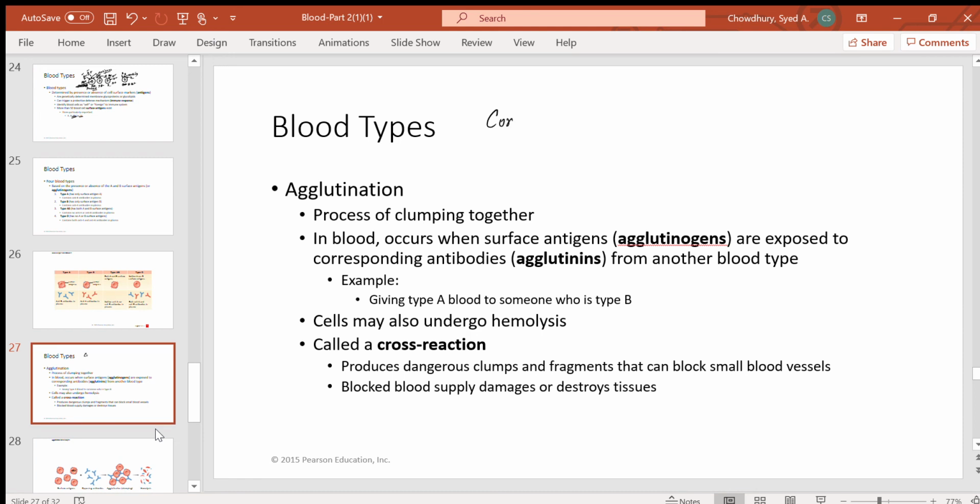We consider two things: the antigens of the donor and antibodies of the recipient.